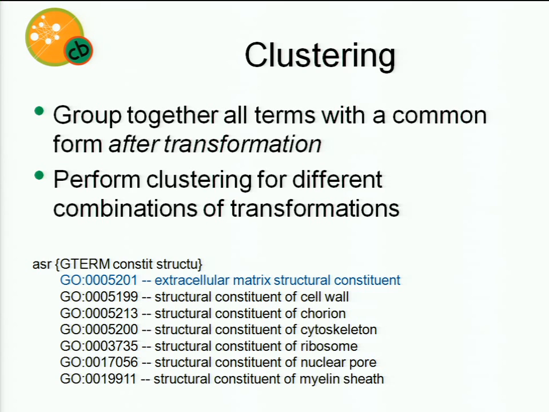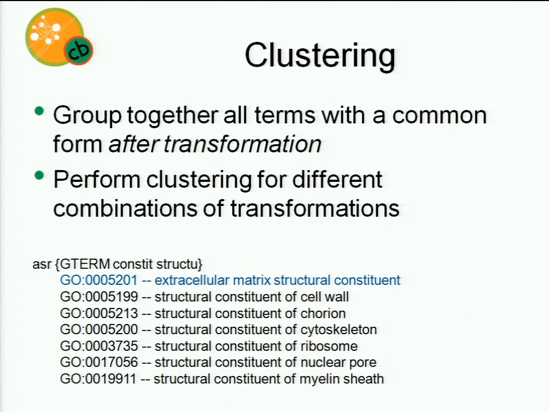And we see here that we've found one term which is inconsistent with the rest of the terms here. So extracellular matrix structural constituent has a different syntactic structure than the remainder of these terms, and so we would say that this constitutes a violation of univocality. So it's an inconsistency in the expression. One might expect that this should be rephrased as structural constituent of extracellular matrix in order to be consistent with the other terms.